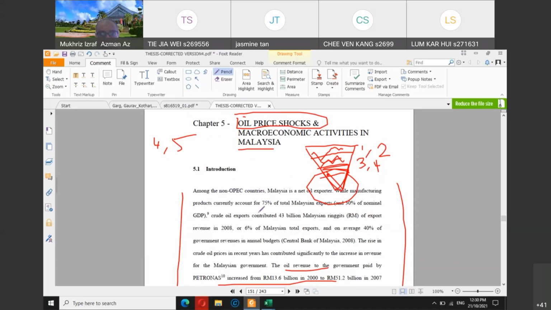You can start from the collection that I've downloaded, or you can find journals. Go to Google Scholar and type in online purchase, why people go for online, or whatever keywords you can play around with. Then see what researchers focus on, the main issues they focus on when they study this particular issue. That will be the part where you write your problem statement.